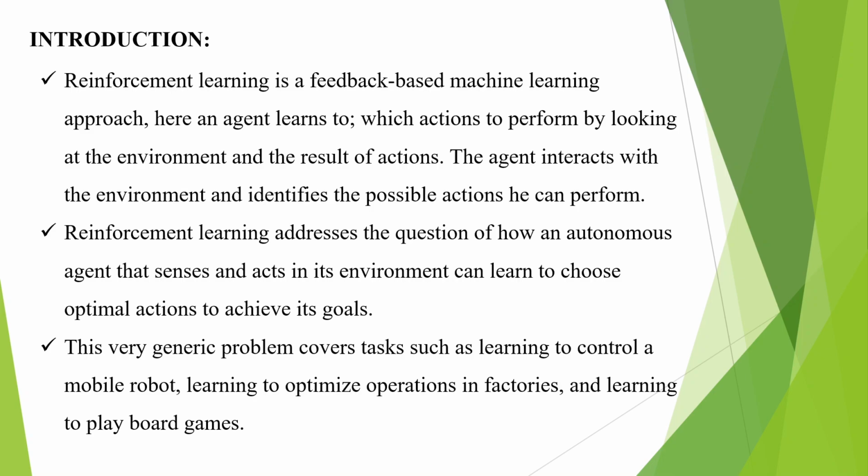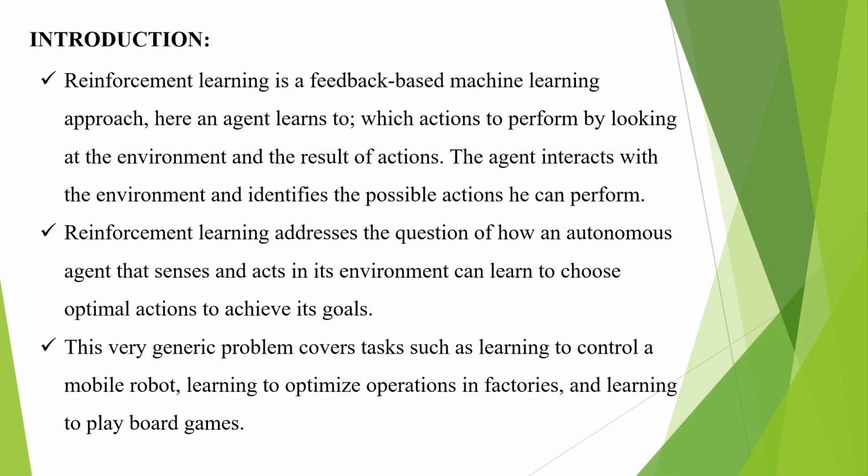Quickly we see what we have in this slide. Reinforcement learning, as I said, is a feedback based machine learning approach. Here an agent learns which actions to perform by looking at the environment.